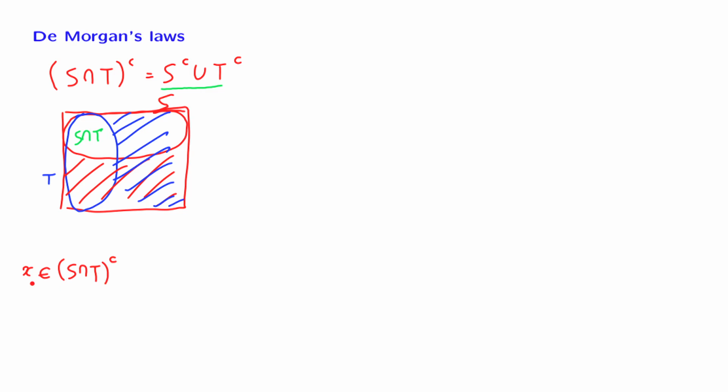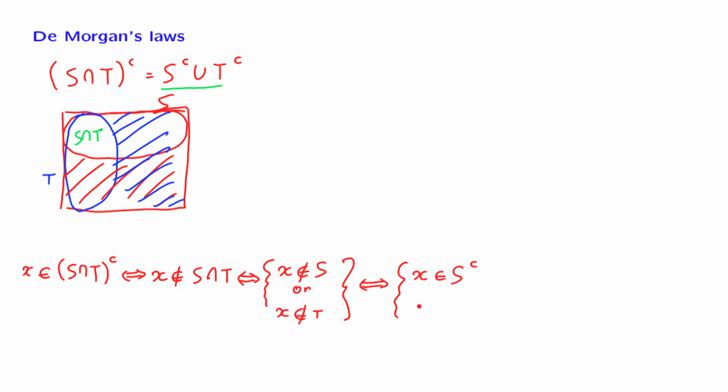In order to belong to that set, X belongs to the complement of S intersection T. This is the same as saying that X does not belong to the intersection of S with T. Since it is not in the intersection, this is the same as saying that X does not belong to S or X does not belong to T. But this is the same as saying that X belongs to the complement of S or X belongs to the complement of T. And this is equivalent to saying that X belongs to the union of the complement of S with the complement of T. So this establishes this first De Morgan's law.